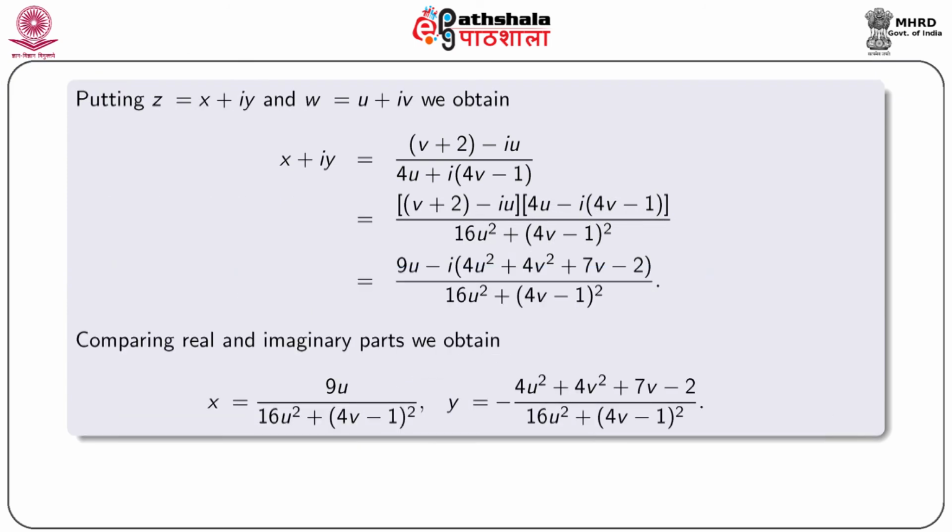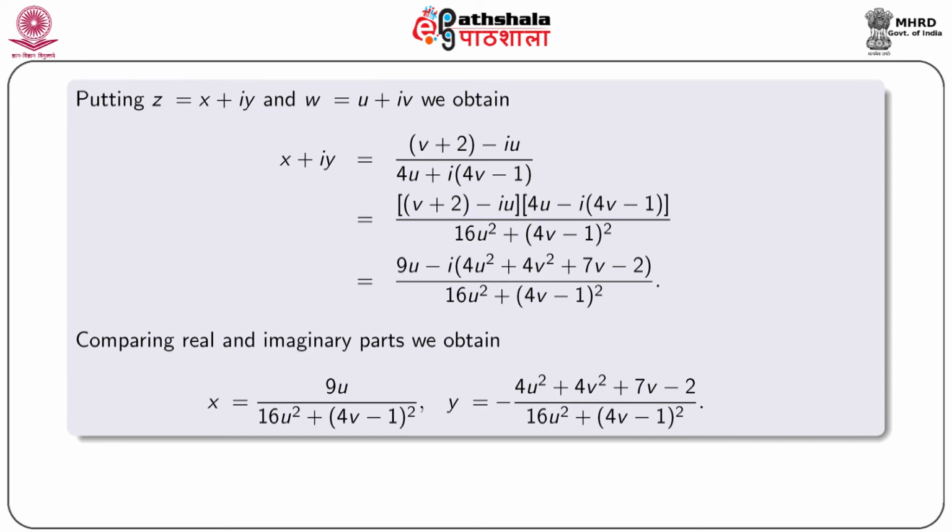So, putting Z=x+iy and W=U+iV, we obtain x+iy=(V+2−iU)/(4U+i(4V−1)), which gives by simple calculation (9U−i(4U²+4V²+7V−2))/(16U²+(4V−1)²).